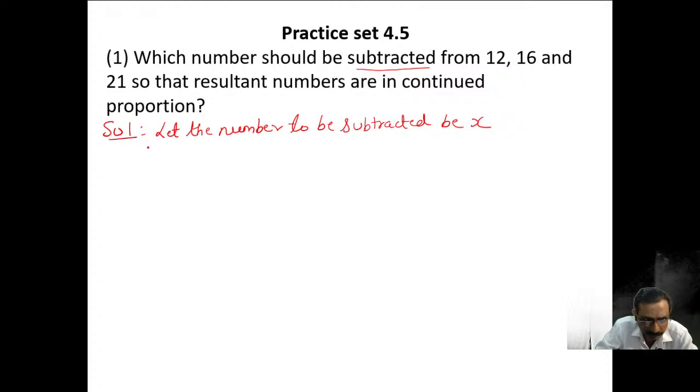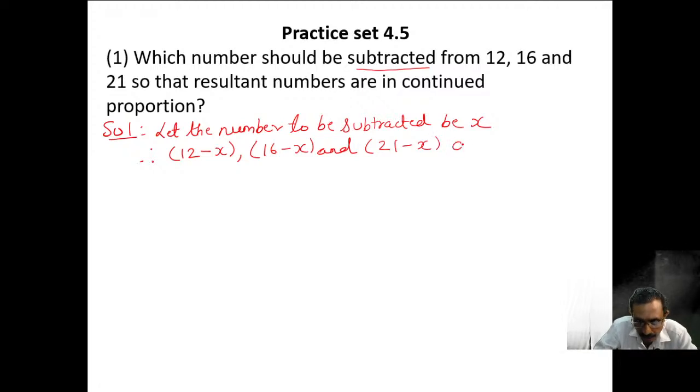Therefore 12 minus x, 16 minus x, and what we have with us? 21 minus x are in continued proportion.